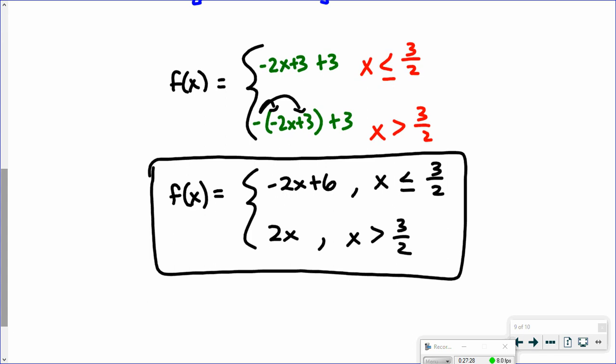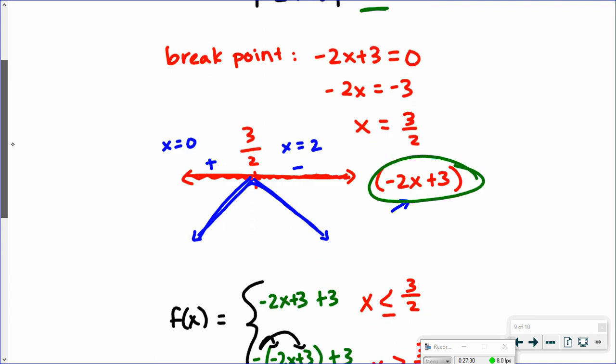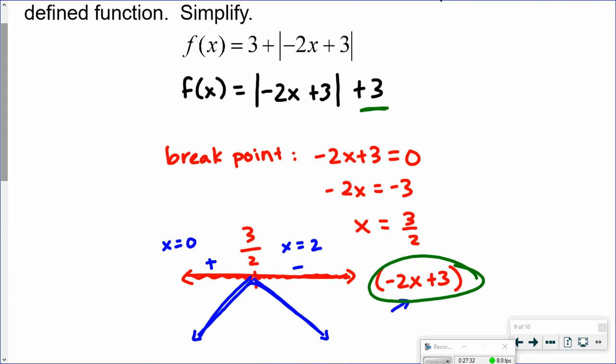Another way to think about the positive and negative part. Remember, inside this absolute value right here, I can plug something in and get a positive number and still get a positive out because it's absolute value. I can also have it equal to the negative and then still get a positive out.